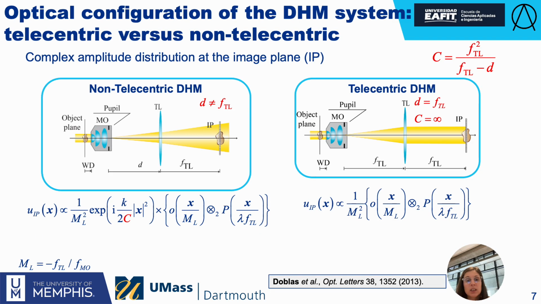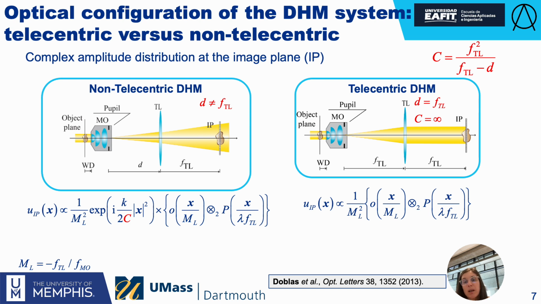The difference between telecentric and non-telecentric is that we have assumed that the sample is illuminated with a plane wave. A telecentric system is called afocal because you have a plane wave on both the object and the image spaces. For that to happen, the pupil plane is placed at the front focal plane of the tube lens.